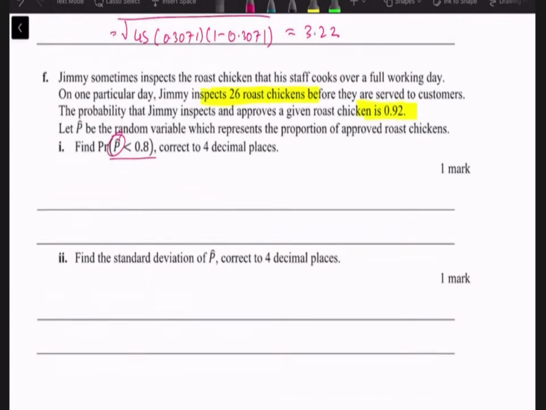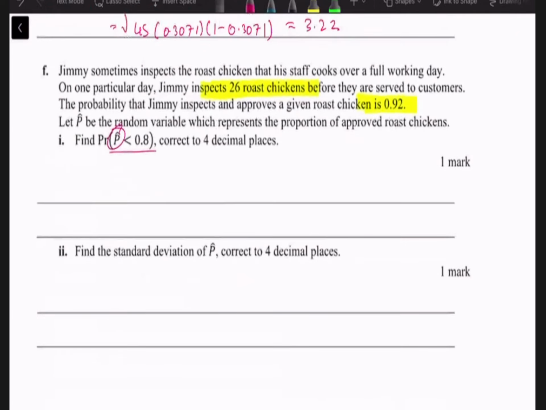The most convenient here would be to convert it to X. If we're converting p hat to X, we have to multiply by n. So that would be 0.8 times 26, which is 20.8.